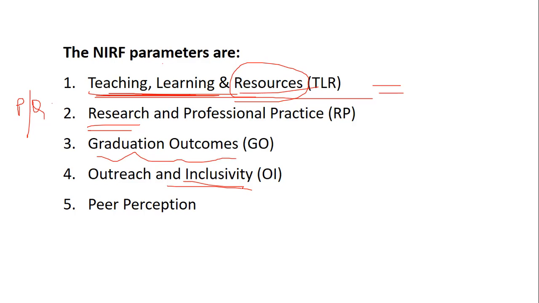So the parameters are five: teaching, learning, and resources. Here we have student strength, faculty student ratio, then faculty metrics, as well as the financial resources. That comes as part of your first parameter. In research, you have everything related to publication, the quality of publication, the patents or intellectual property rights, as well as projects and professional practice.